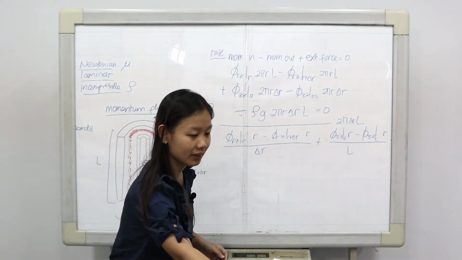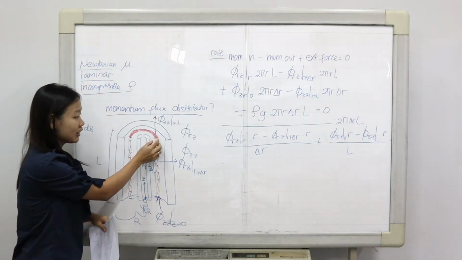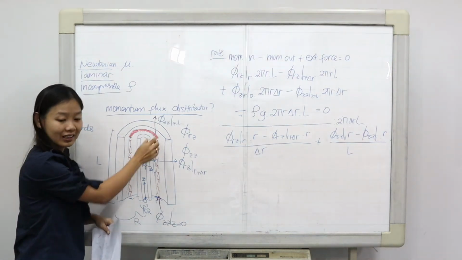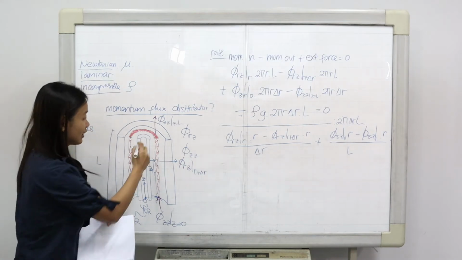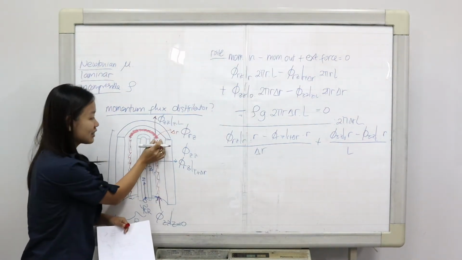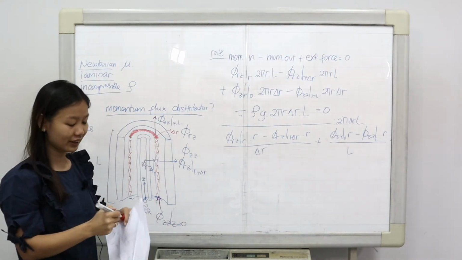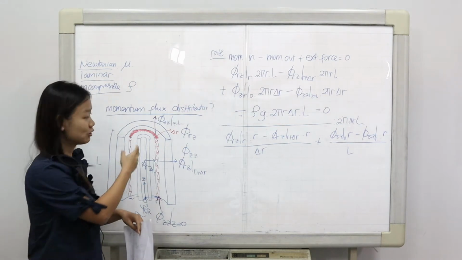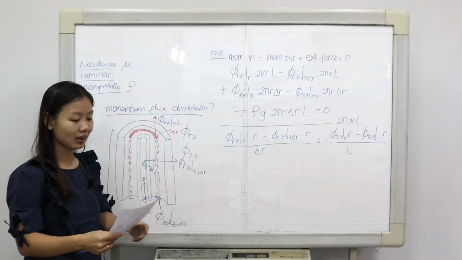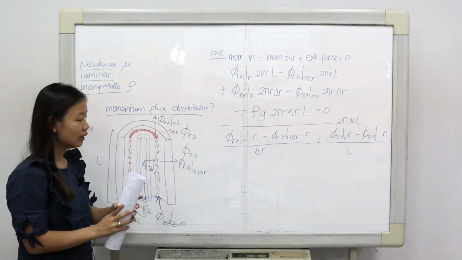I draw it a bit thick here, but actually this area is very thin. The thickness of this area is just delta L, and delta L is extremely small. I draw it thick just to make everything clear. So how do we get that surface area?